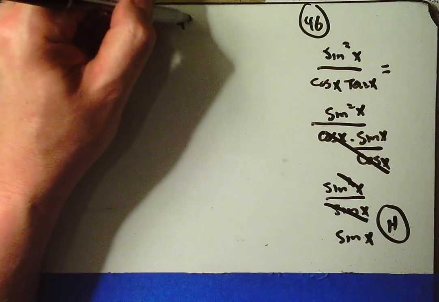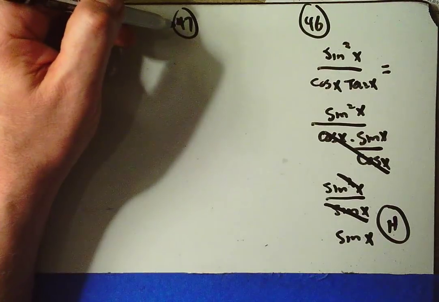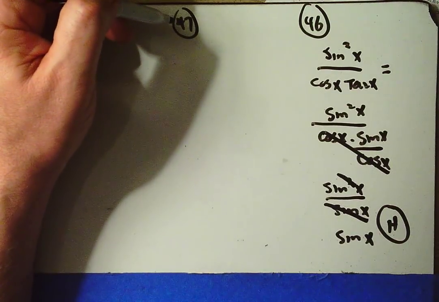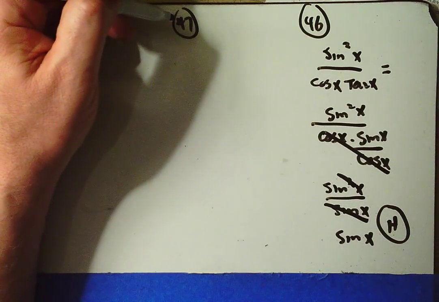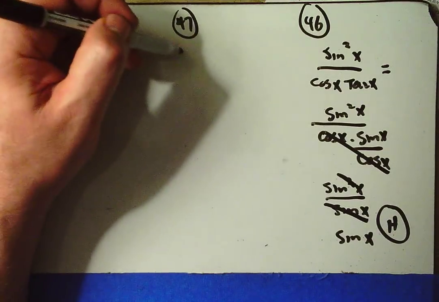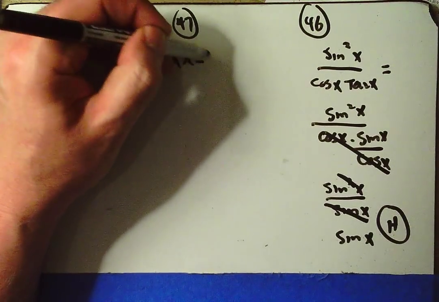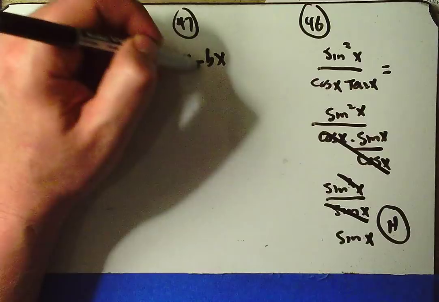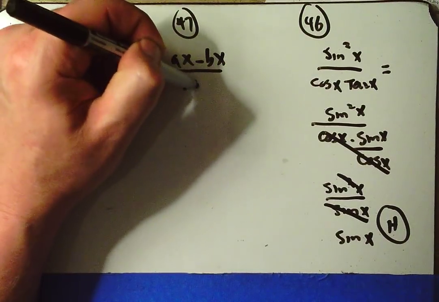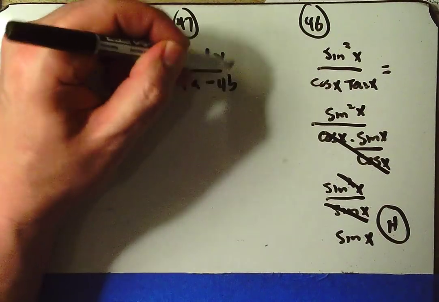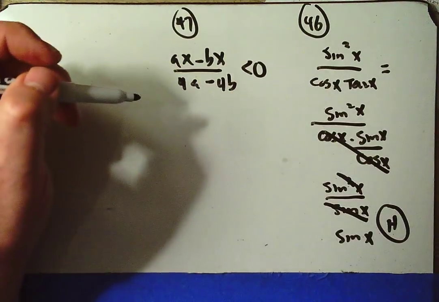47. Let's take a look at 47. A does not equal b, but we know that ax minus bx over 4a minus 4b is less than 0.